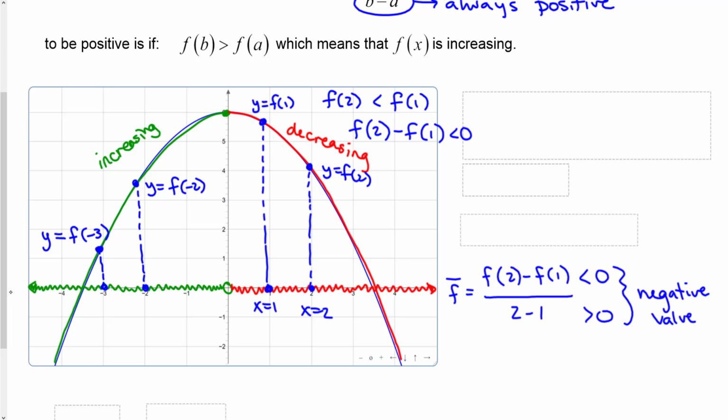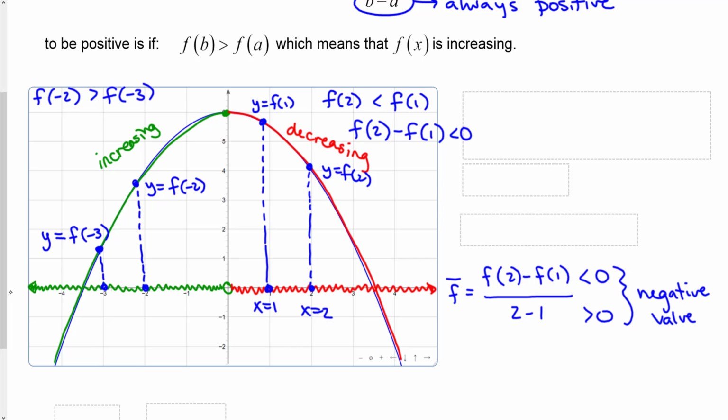Now, if I am trying to determine how the positive and negative values of these y's relate, f of -2 is greater than f of -3.